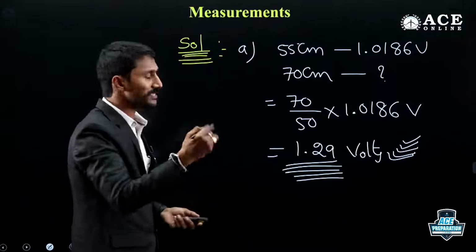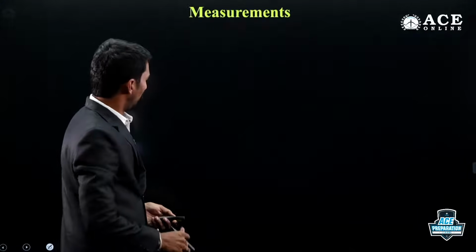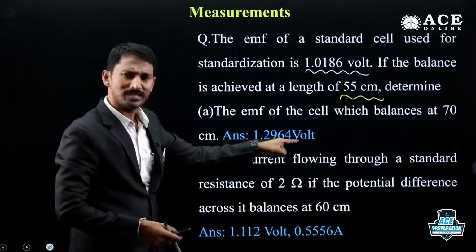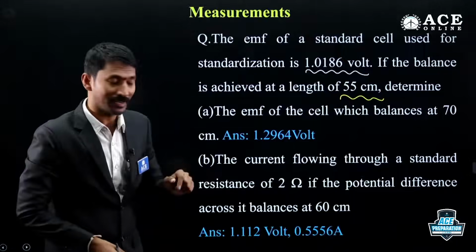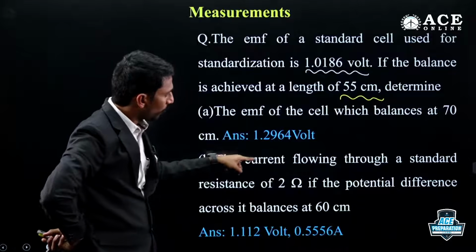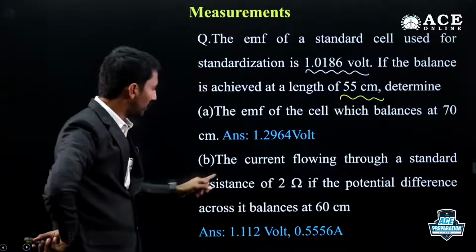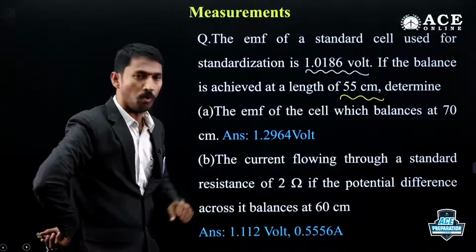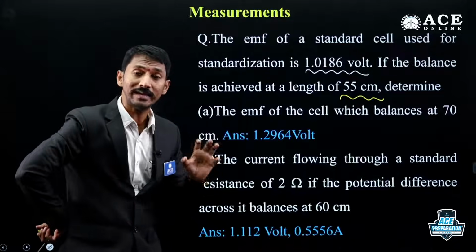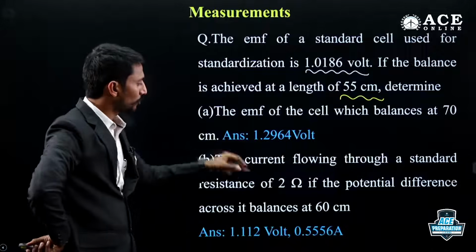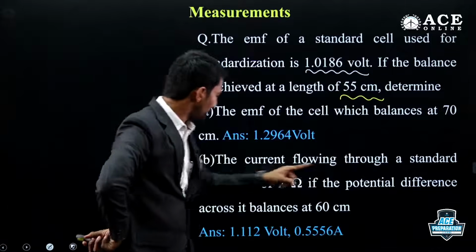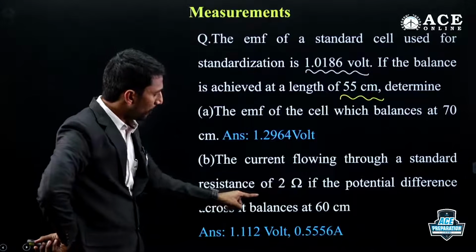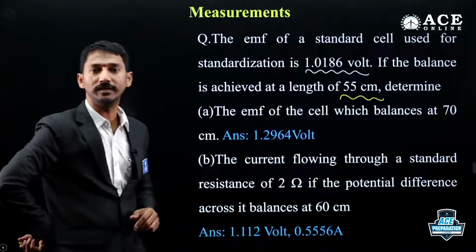This is a direct part, but second one, here 1.29 something approximately you can calculate. Now, the current flowing through a standard resistance of 2 ohm, if the potential difference across it balances at 60 centimeter.